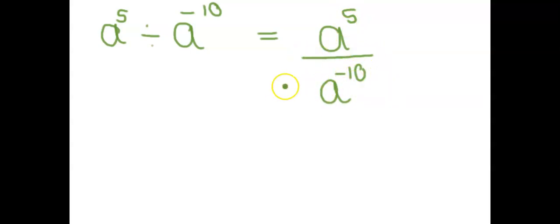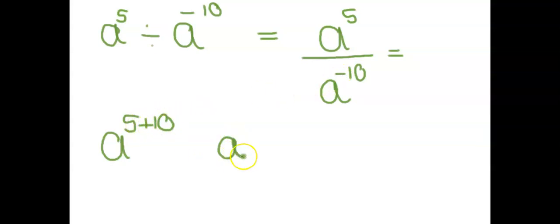Happy that they are the same thing. I haven't simplified, I've just written it down as a fraction, which is the same as a to the power 5, and I need to bring this minus 10 up. So I bring minus 10 up. What will that become? Plus 10. So the answer is a to the power 15.